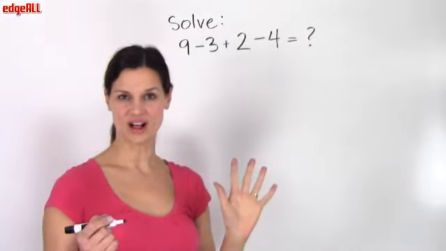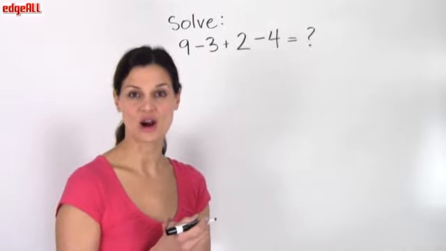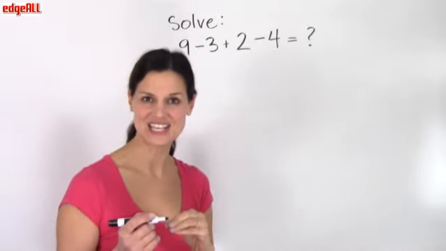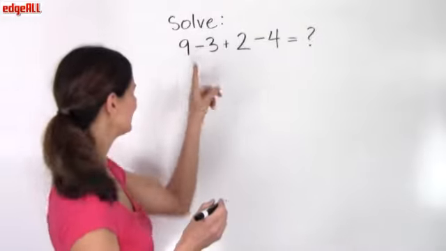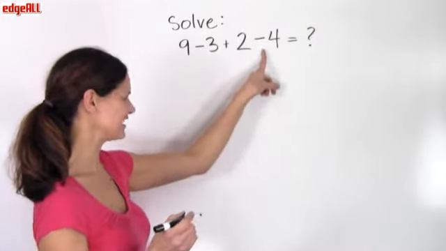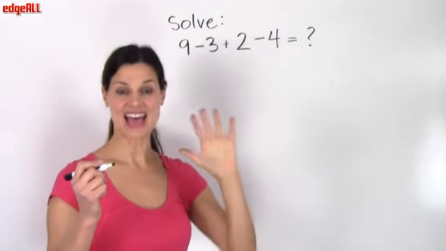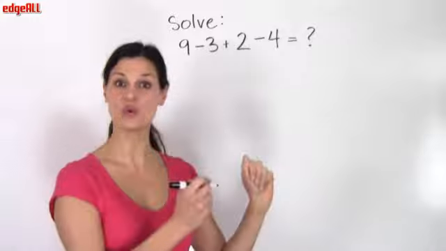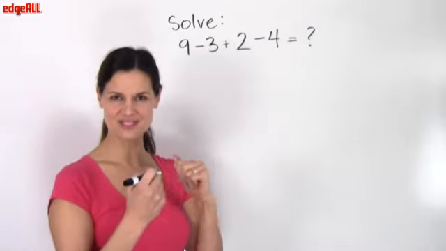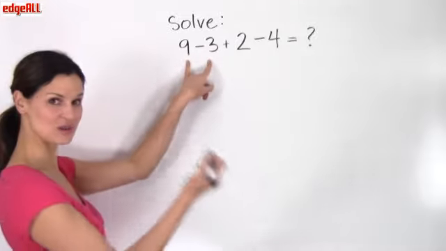So first of all, before we get to work, we want to make sure that our problem has only addition and subtraction. So I've got subtraction, addition, and subtraction. So that's good. We've got just addition and subtraction, and that tells us that we can get to work working from left to right.